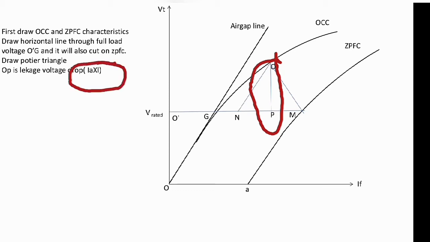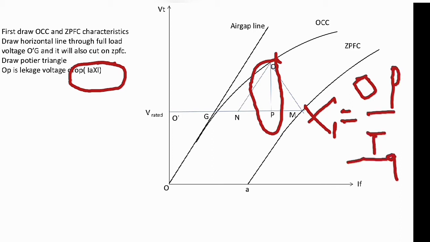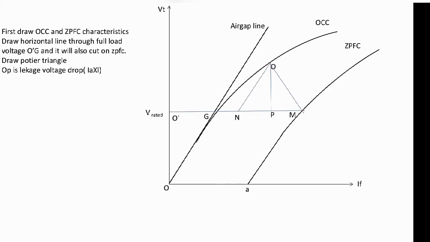If I want the value of XL, then we take the value of OP divided by IA. If we divide this by IA, we get the leakage reactance. I told you earlier: OP divided by IA.